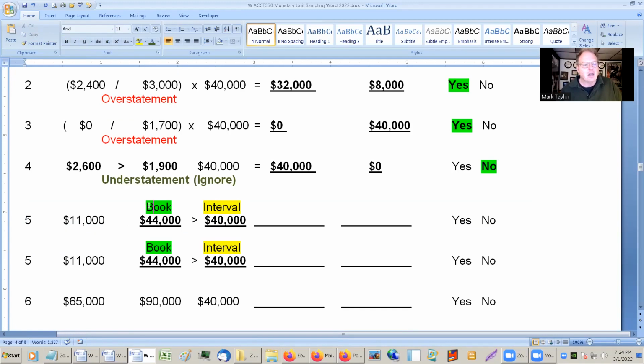Oh, he's a knucklehead. All right, so if we were to do this normally, we'd take this divided by 44,000, times the interval.